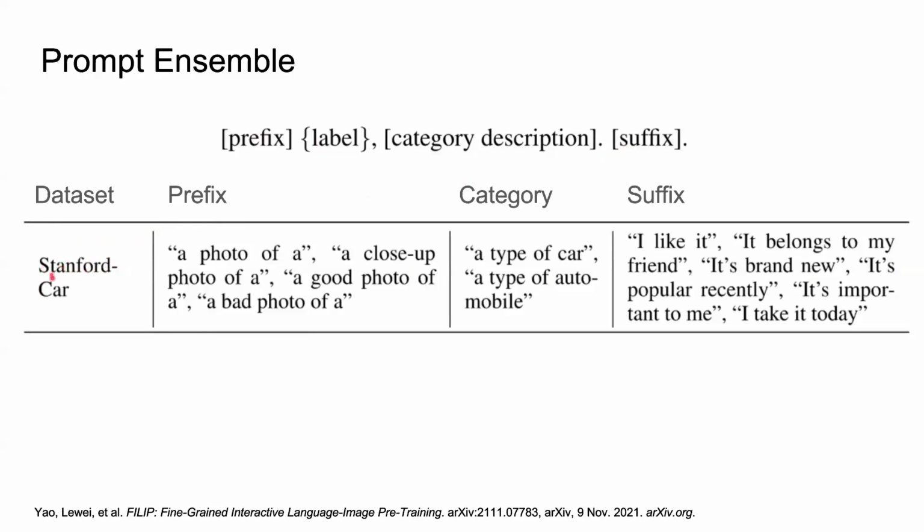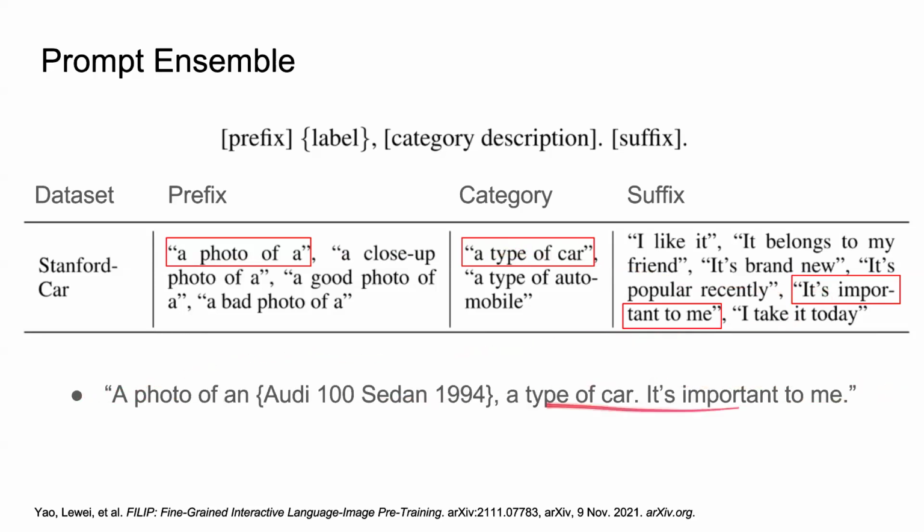For example, Stanford car. This is a data set with a variety of different car models from different years. And if we take one from each of these, for example, a photo of a type of car and is important to me, we come up with this sentence: A photo of an Audi 100 sedan 1994, a type of car, is important to me.